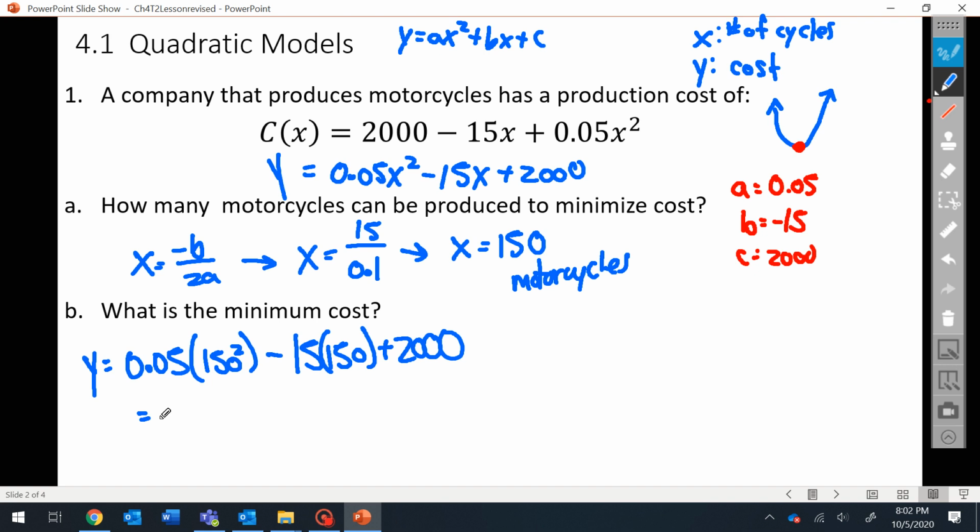Alright, so let's go ahead and calculate this. 150 squared is 22,500, and let's multiply that by 0.05. So this first term is 1125, and then minus 15 times 150, so that's 2250, plus 2,000.